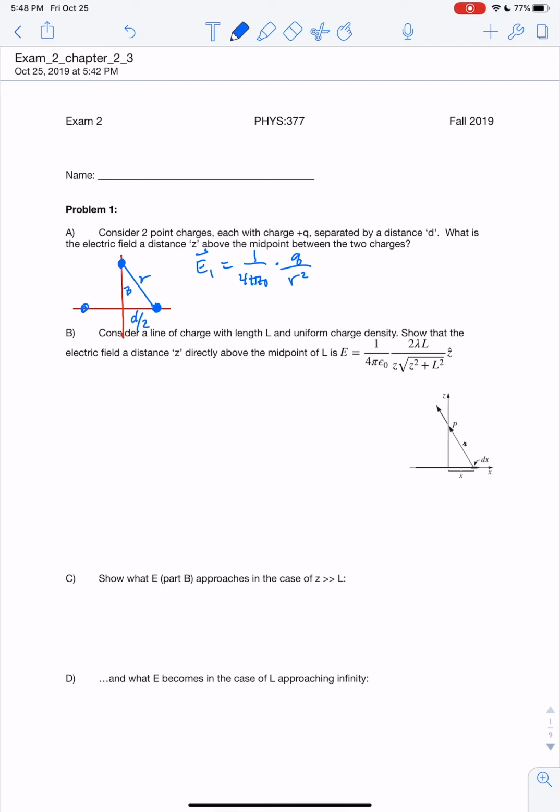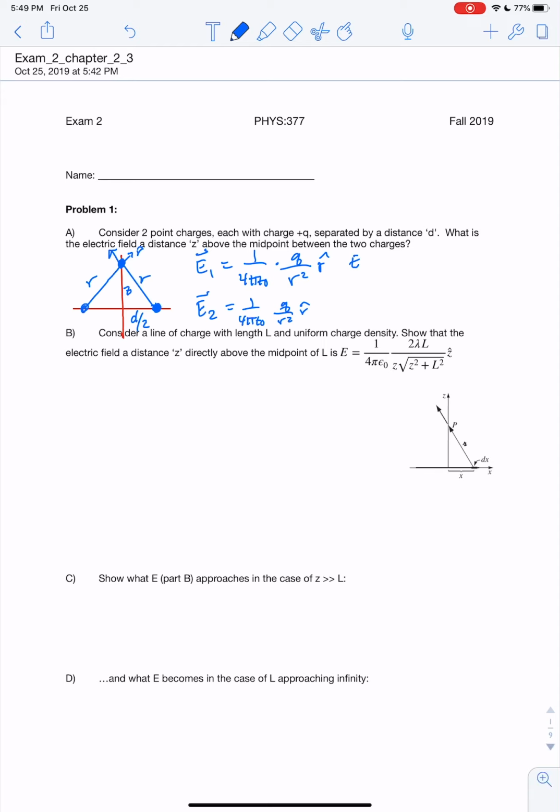Okay, that's it. And this is in the r hat direction, so that would be pointed off in that direction. Then the second electric field from the other charge is 1 over 4 pi epsilon naught q over r squared, r hat again, in its own r hat.